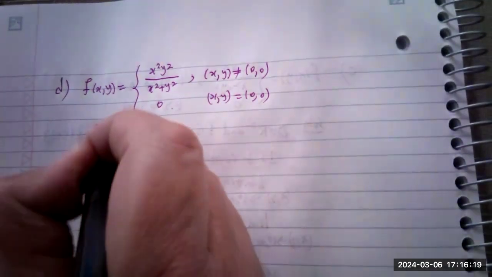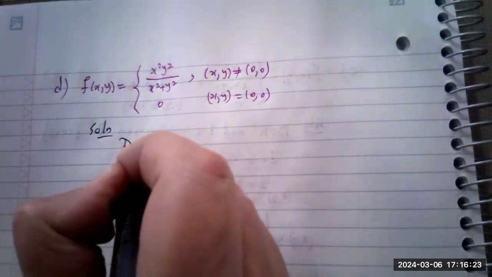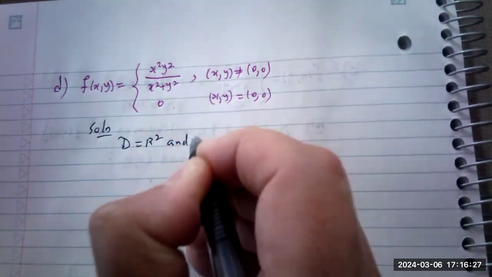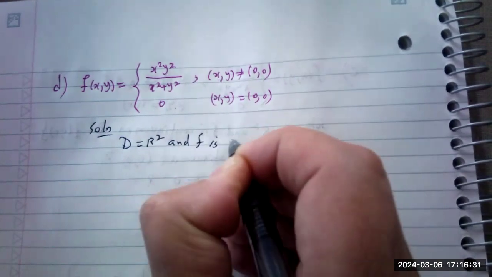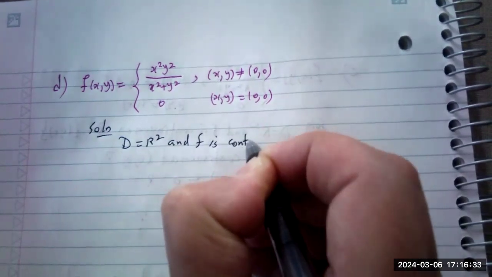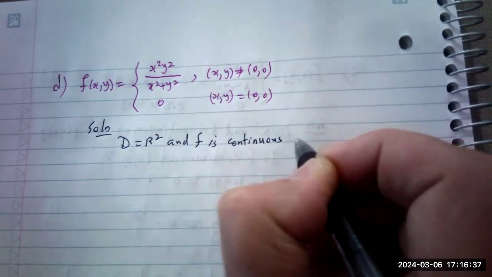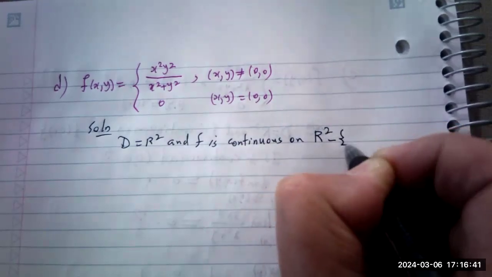Okay, solution. You declare that the domain is R squared, and the function f is continuous on R squared minus the origin.